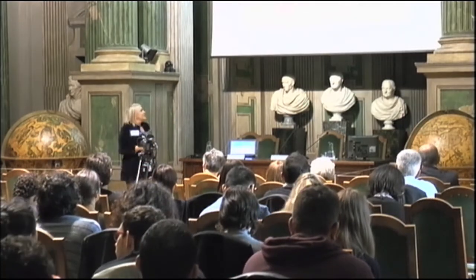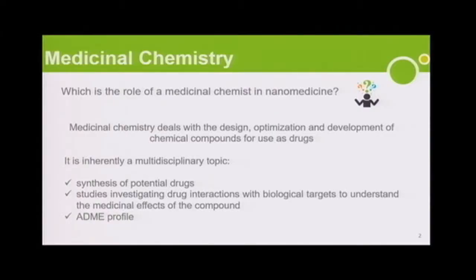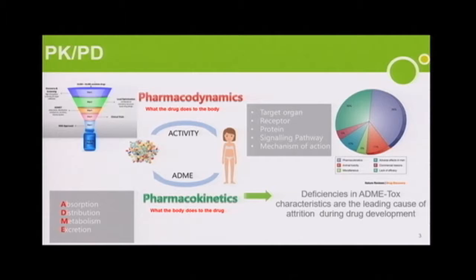And I think that this is very important, and I will start on the concept of multidisciplinary because I'm a medicinal chemist, and medicinal chemistry is an inherently multidisciplinary topic because it deals with the design and the optimization of molecules that have to become drugs, and that have to present some properties that are important in order to obtain a drug that could be marketed.